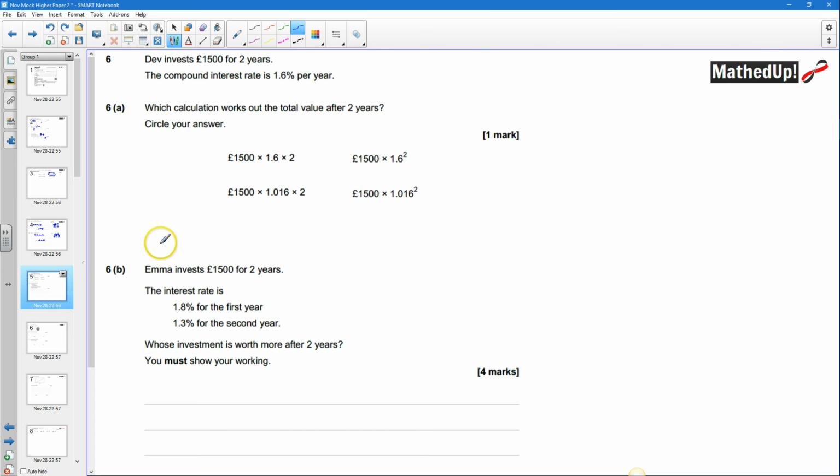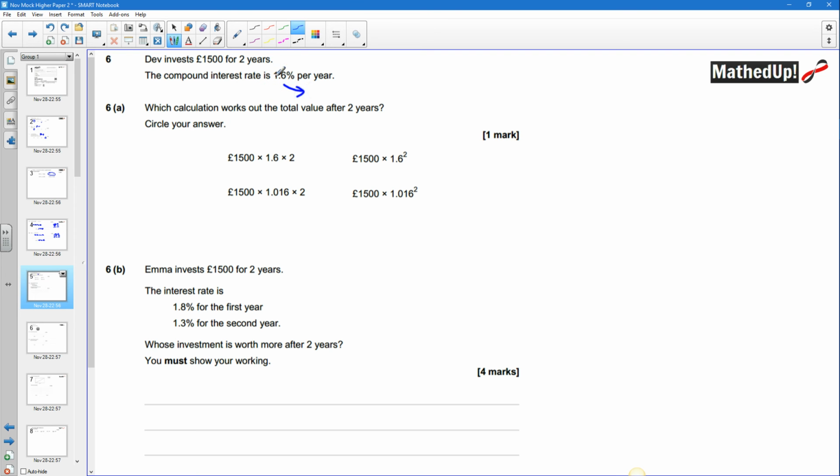Question 6. Dev invests £1,500 for 2 years. The compound interest rate is 1.6% per year. So we want to decide which calculation works out the total value after 2 years. So we start with £1,500, and then the compound interest rate is 1.6%.